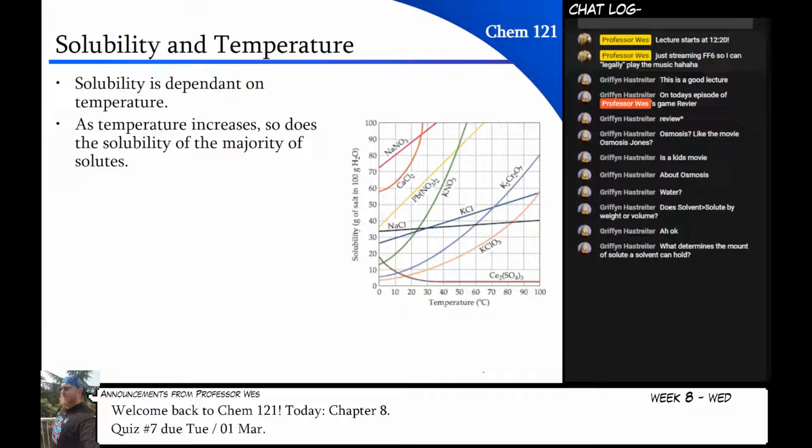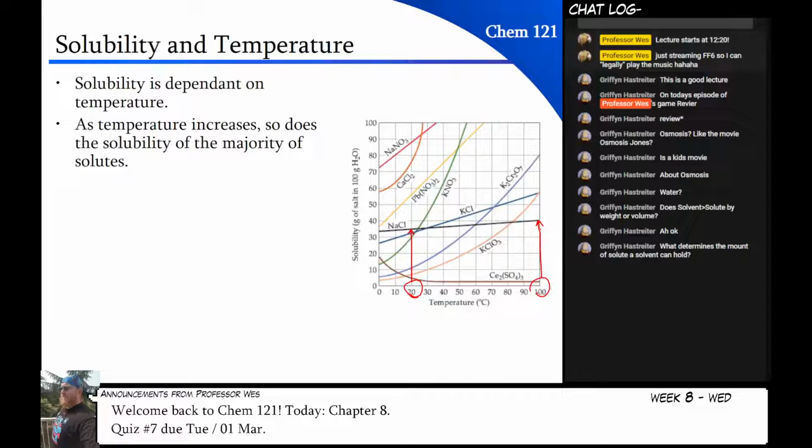So for instance, at 20 degrees Celsius, I can dissolve 35 grams or so of sodium chloride in 100 grams of water. But if I heat that up to 100 degrees Celsius, I can dissolve 40. So I can dissolve just a little more.